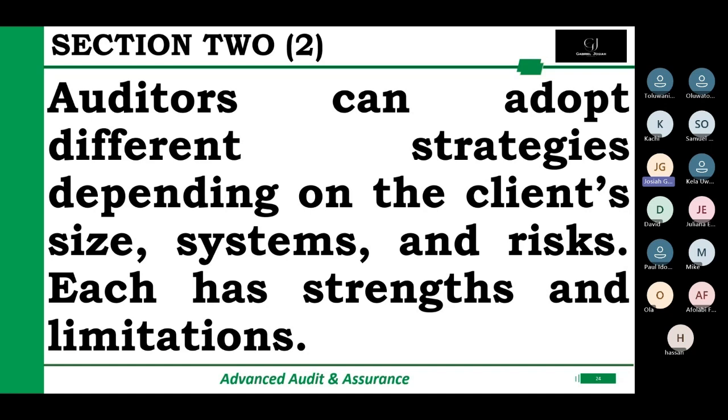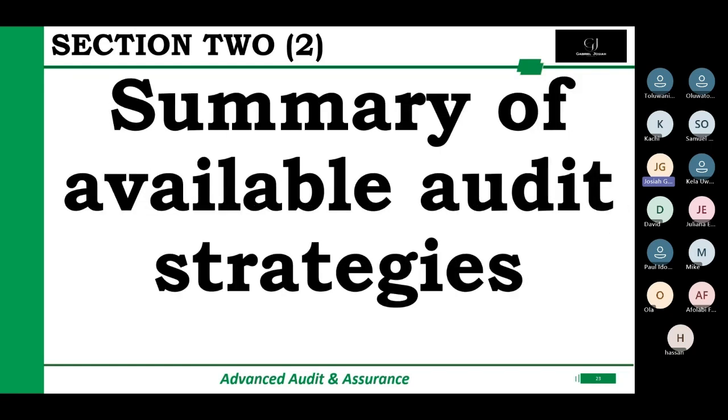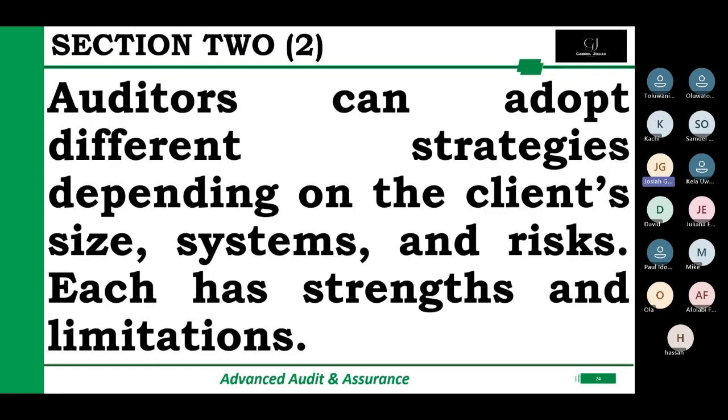Each of the strategies has its own strengths and limitations. Organizations also have their strengths and weaknesses and areas that must be covered. If you look at the questions from Grace and the question from Samuel, they resonate perfectly with this slide. So your strategy will depend on the client's size, the client's systems, and the client's risk.